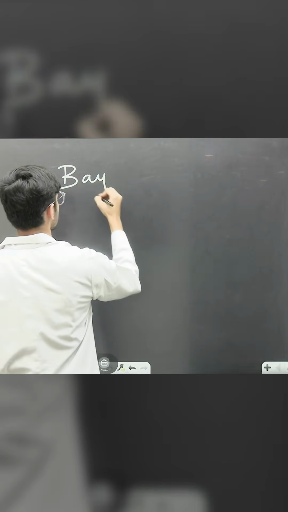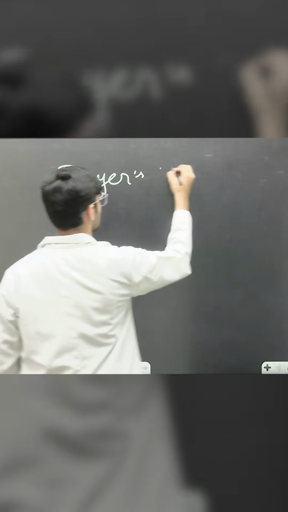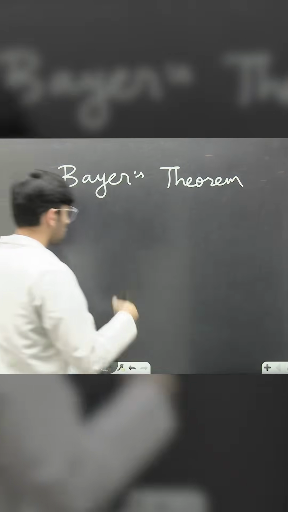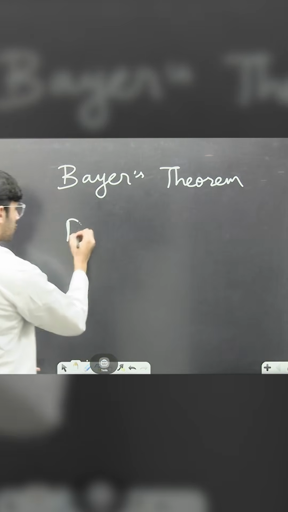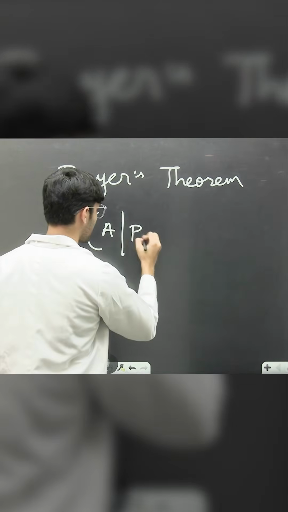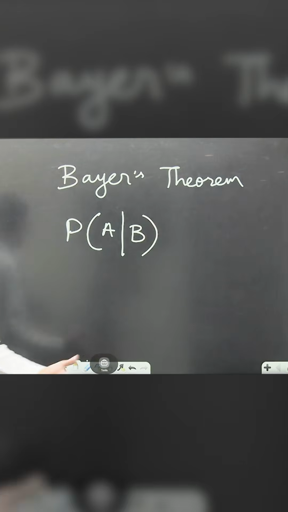Now see, Thomas Bayes basically coined a theorem which was later called Bayes theorem, which is based on probability. It is just saying what would be the probability of A given that the event B has already occurred.